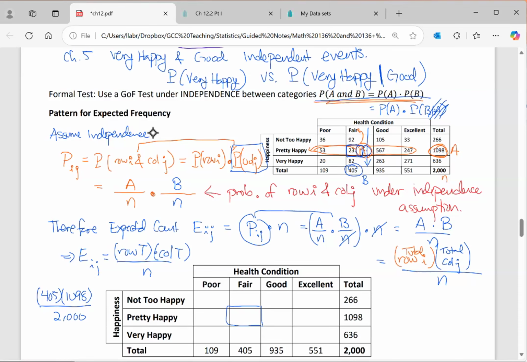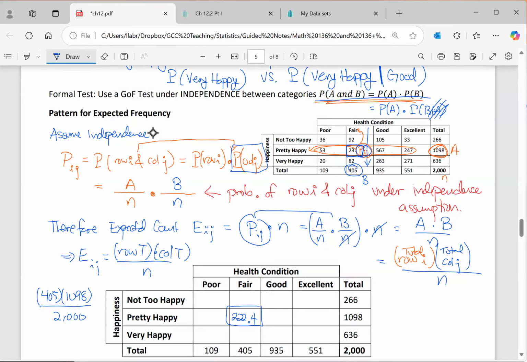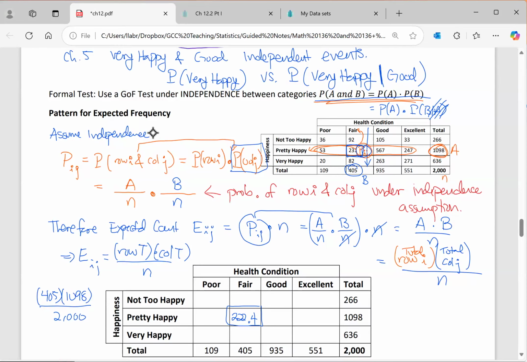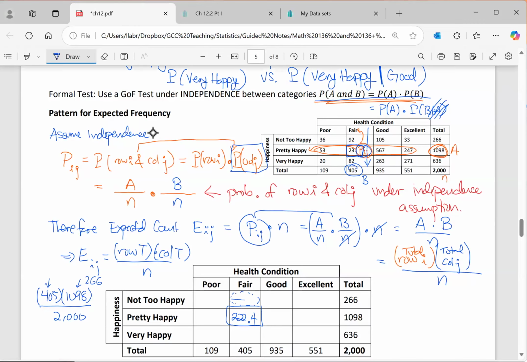So throw that into a calculator and you're going to get the value 222.4, let's just round to one decimal. And you can do this for every other cell. So if you're now going to look at this cell right here, all that would change is instead of 1098, you replace that with 266 because that's the row.